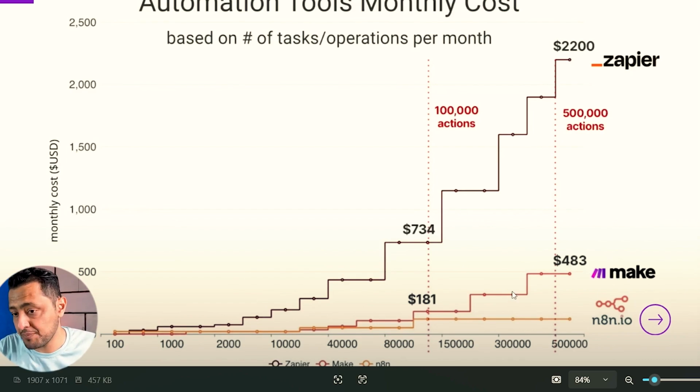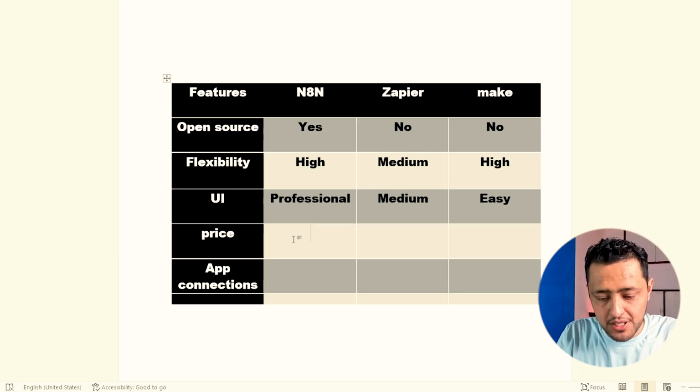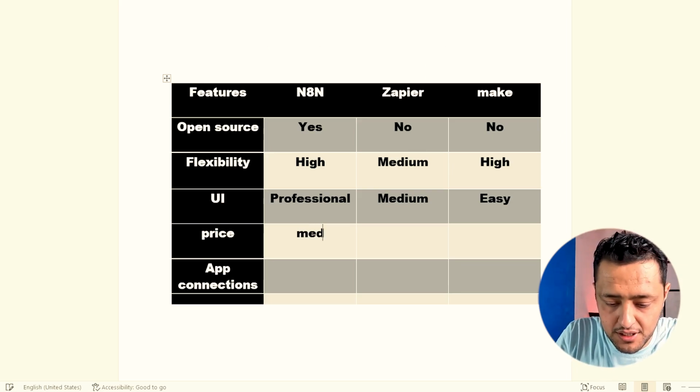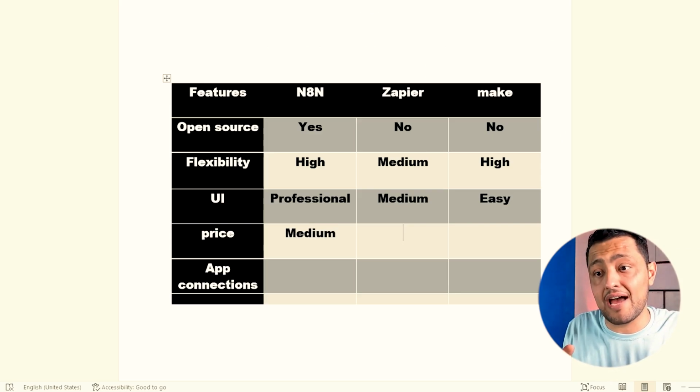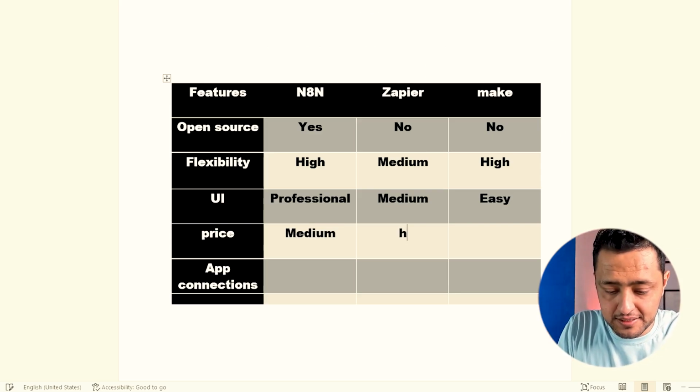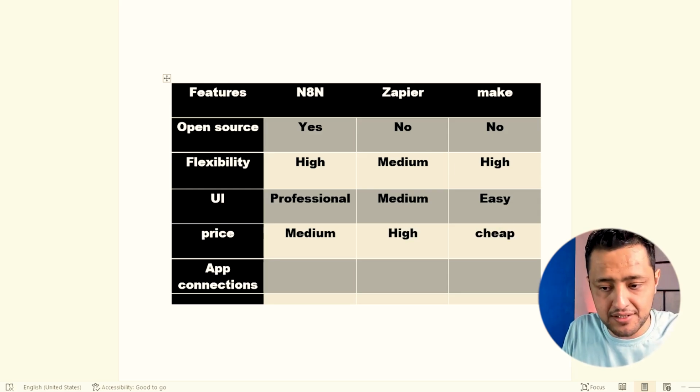Make is also cheaper than Zapier, but n8n is much cheaper than even Make for the long term and for too many tasks. So for the price, for n8n, I'm going to say medium, unless you want to have too many tasks and workflows. Zapier is high, but Make is cheaper than the others.